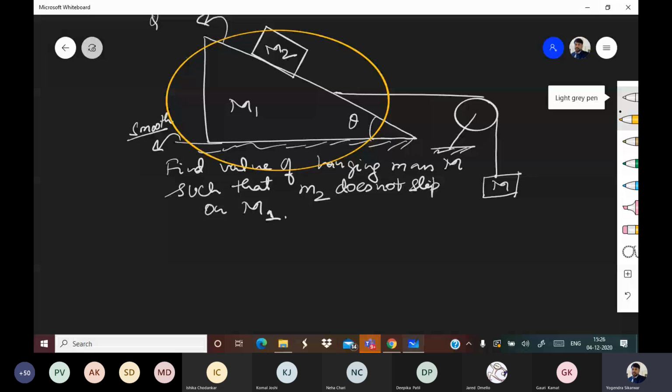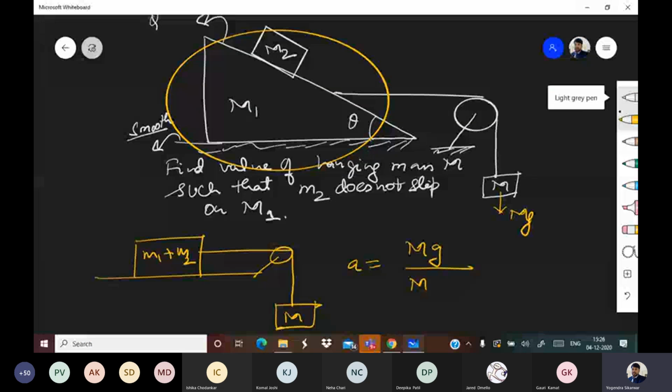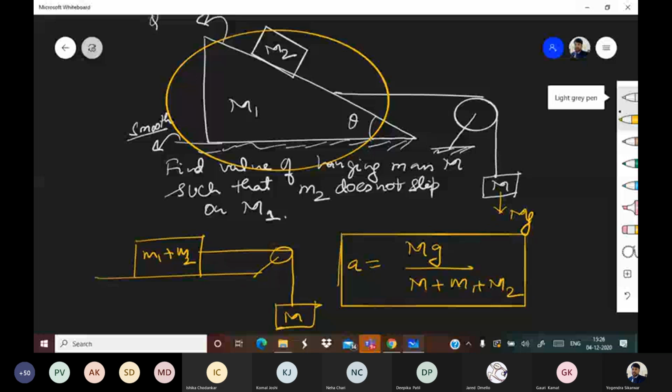If you remember, this will be M1 plus M2 and this is m. So what is the acceleration in that case? We all know a will be capital Mg upon capital M plus M1 plus M2. Okay, and this a should be equal to g tan theta.